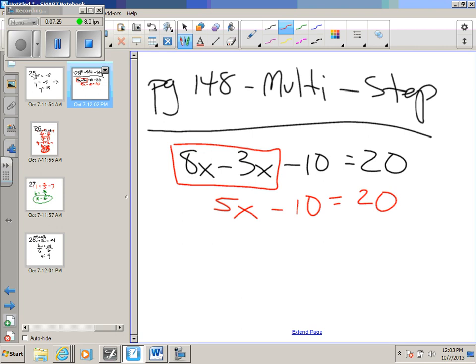So we just added one step. That's all we did. So multi could mean 3, could mean 10, depends. If it's 3, is it really that much more than it was with 2? You just combine the like terms, right? Okay. 5x minus 10 is 20. Mark says to do the opposite, which is add. 5x then equals, and then x equals.